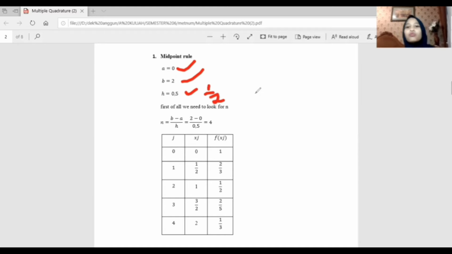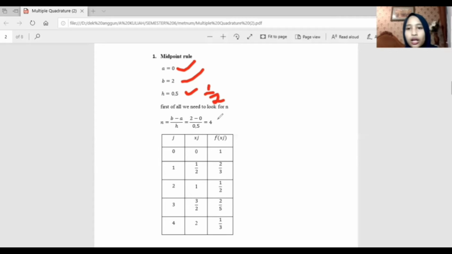First of all, we have to look for the value of n. We have n equals (b minus a) over h equals (2 minus 0) over 1 over 2, which is equal to 4.